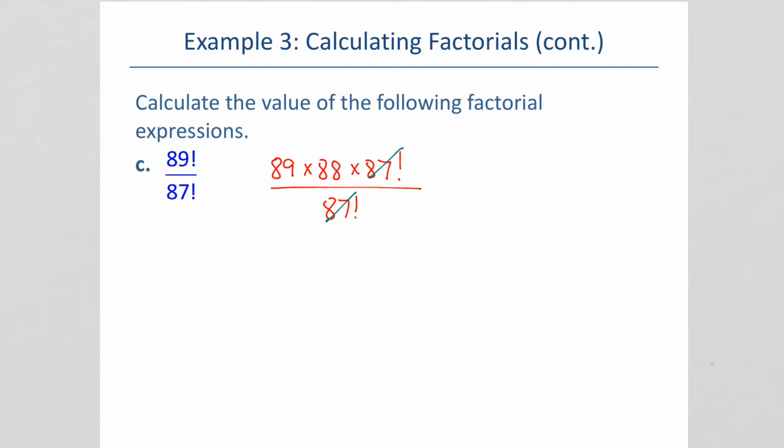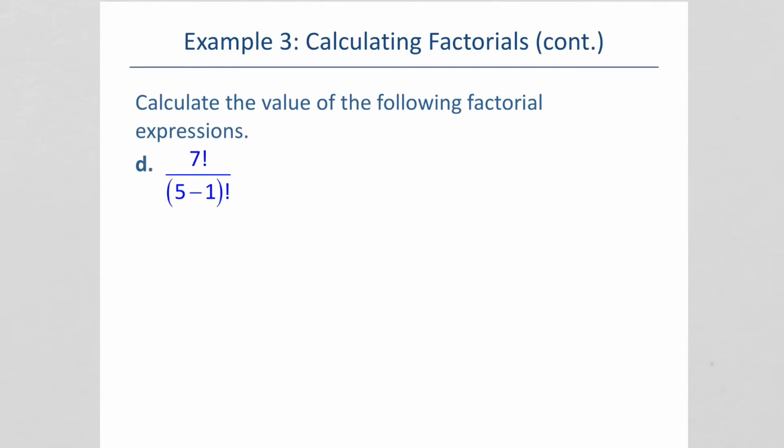Those can now cancel out. So all we're doing is 89 times 88. Oh, and that's it. Just 89 times 88, which is 7,832. So that's a good little hint there, is instead of writing it all the way down, look and see if there's something that you can cancel out.